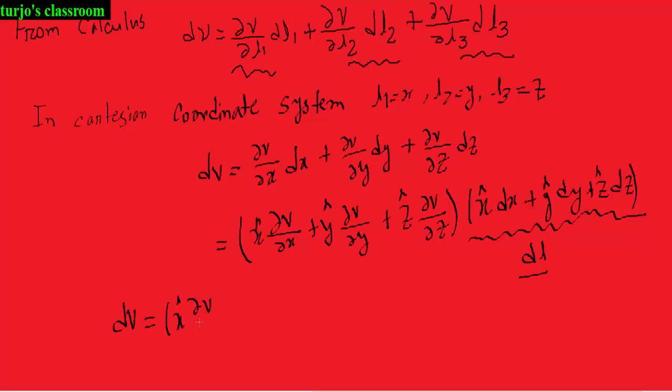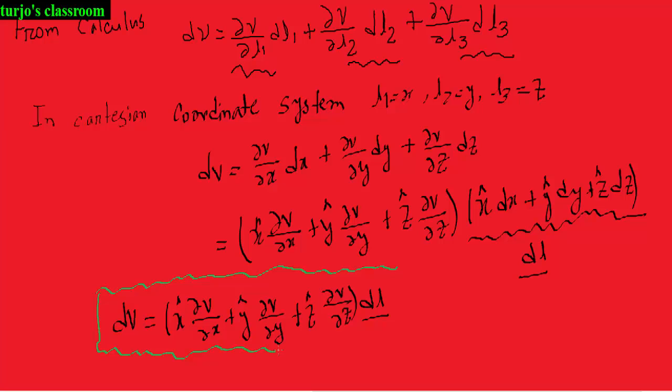Dot product of this line will bring us the previous line. So from this we have got another expression for dV. I am enclosing it within a green box and marking this equation as equation number 2.